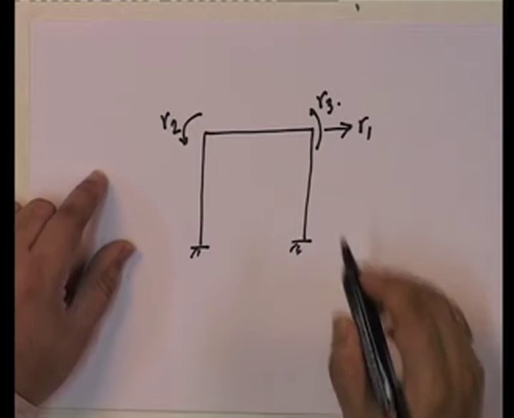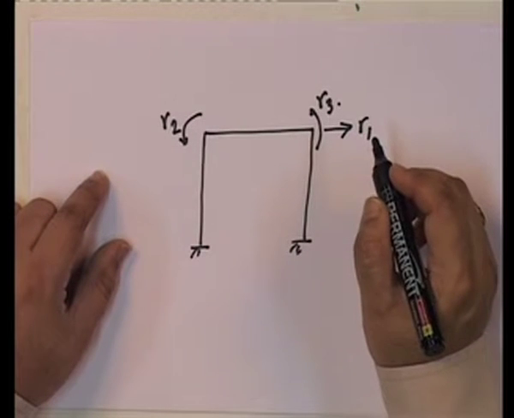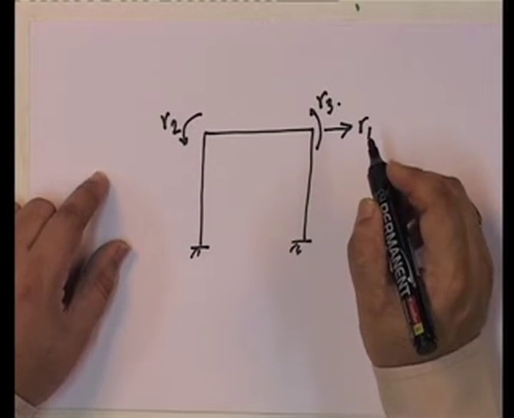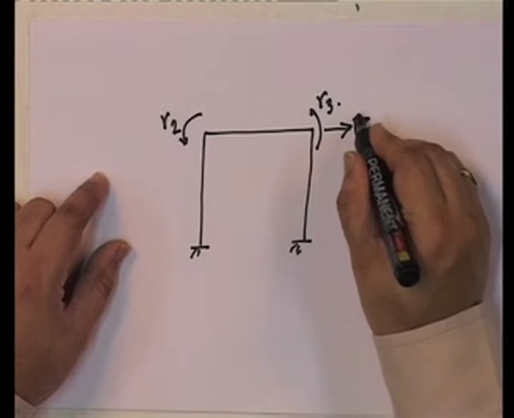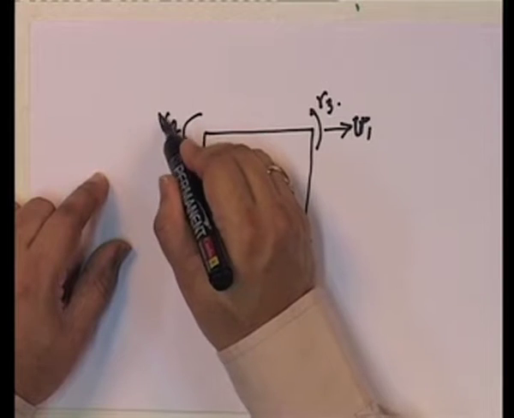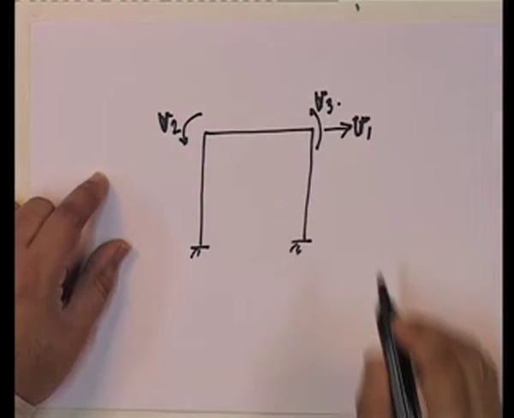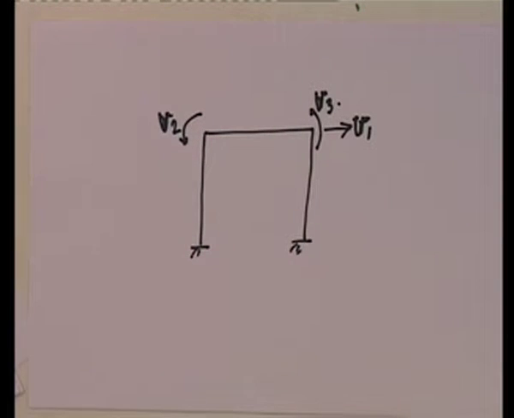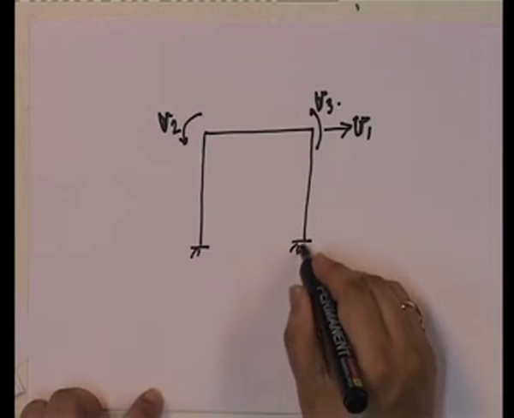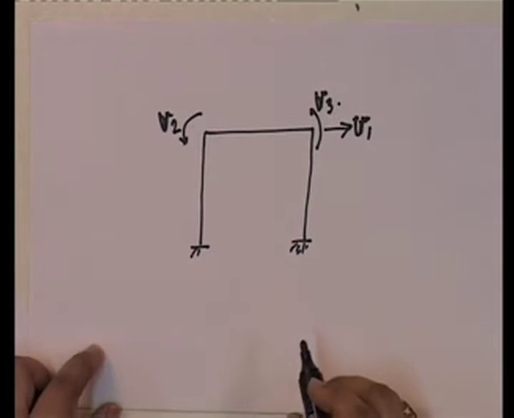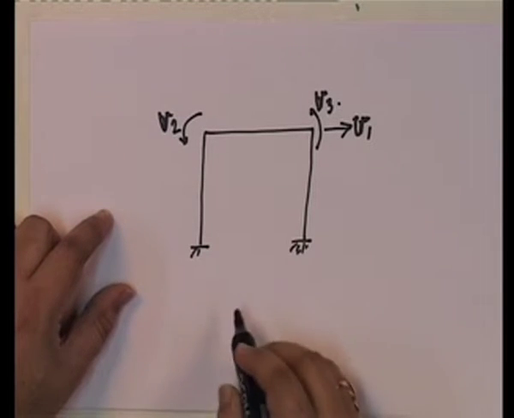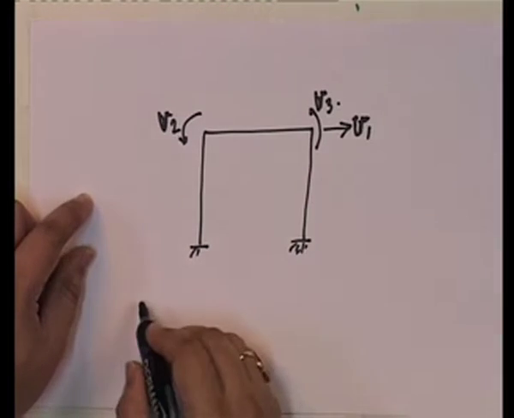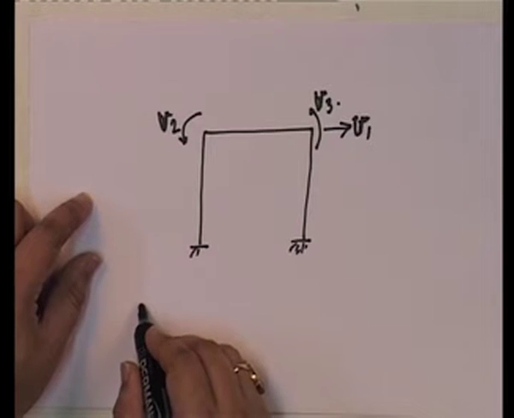For purposes of this, because I am defining them at the structure level, I will make them V. So, V1, V2, V3, but these are the structure level. And the question then becomes, how do I find out? Well, let us see what to do. I just give each one.